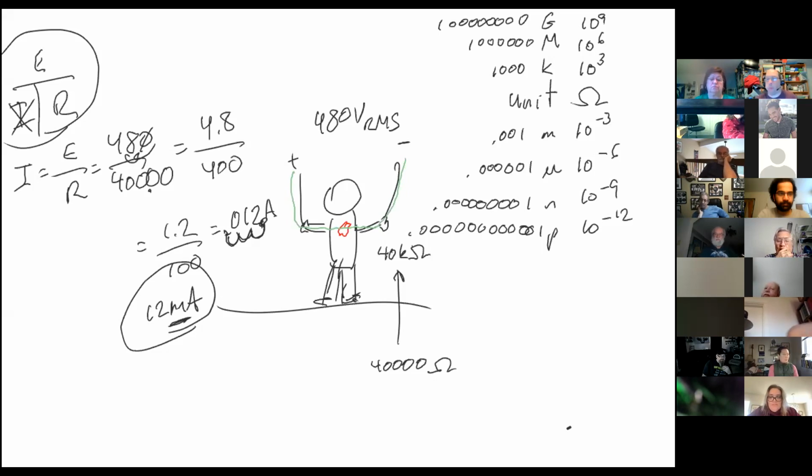Which is why it's actually not voltage that kills you. It's the ability of voltage to generate a current that kills you. 12 milliamps of current is not a lot of current, but it's enough to disrupt your heart and stop it from beating or start beating erratically.